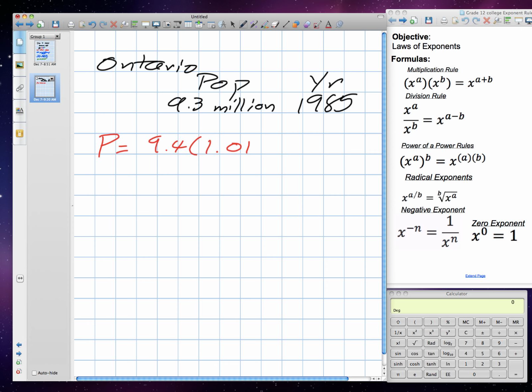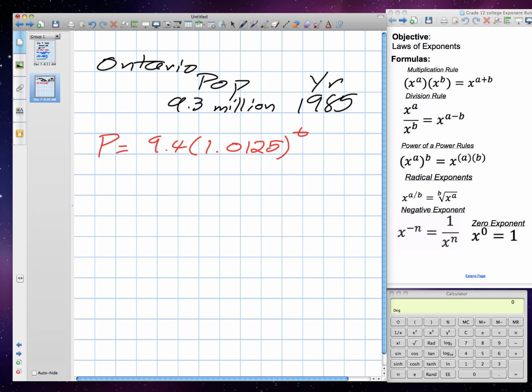Okay? Where P million represents the population t years after the year 1995. In which year did Ontario's population first exceed 10 million?